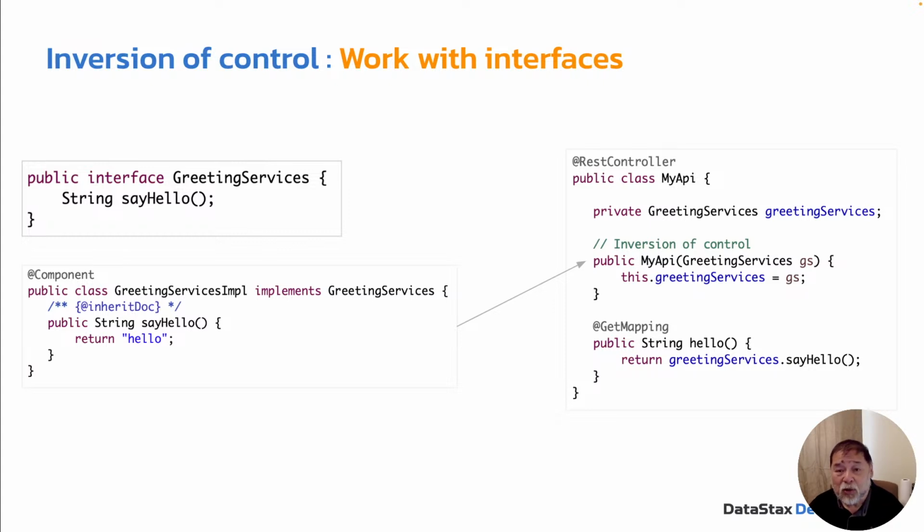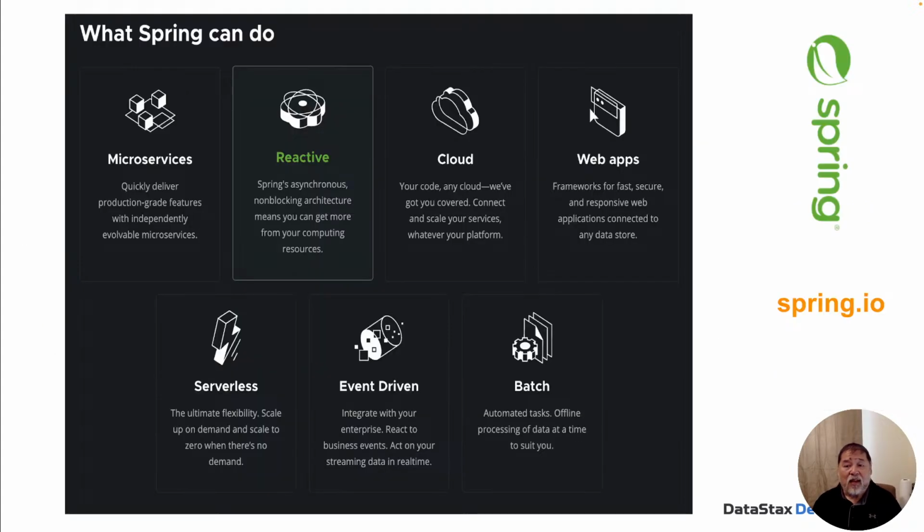So inversion of control, working with interfaces, decoupling implementation from interface and allowing that to be selected by the framework, sometimes on its own, sometimes with guidance from us at runtime. Very powerful idea.